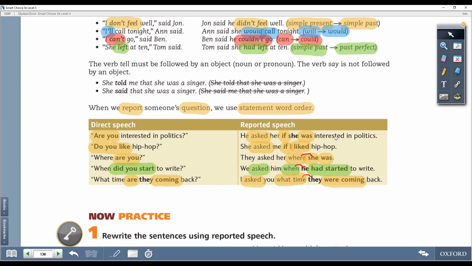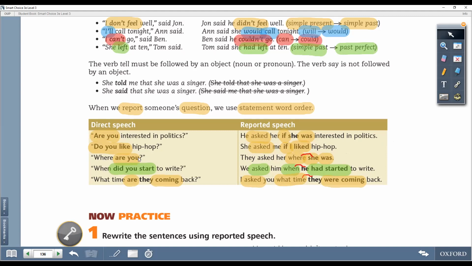But here, as you can see, it's not a question anymore. I'm just reporting. He asked her if she was interested in politics. Only that. "Do you like hip hop?" That's a question. How do we report? She asked me if I liked hip hop. Simple past.